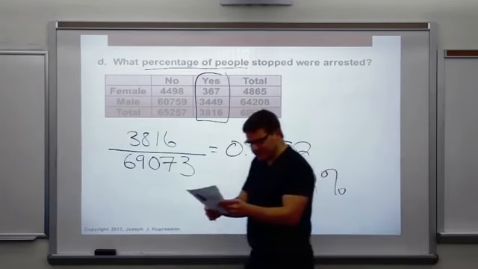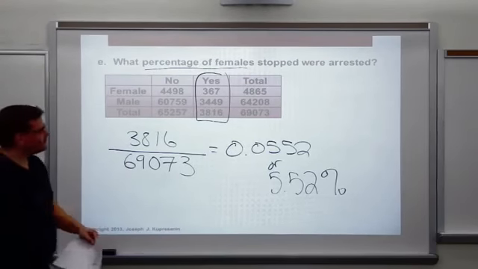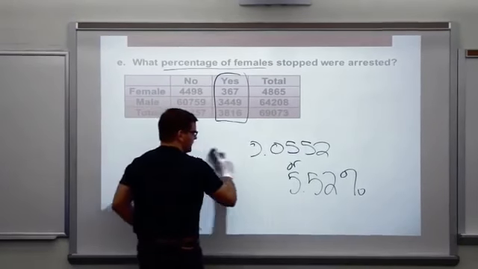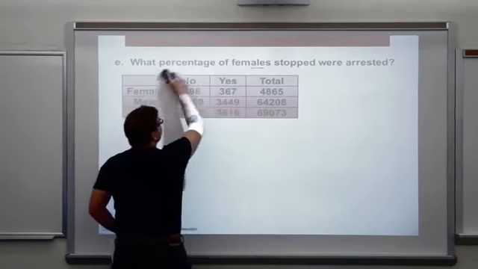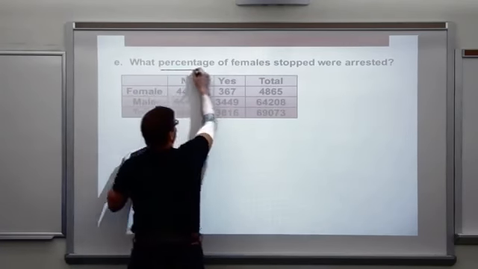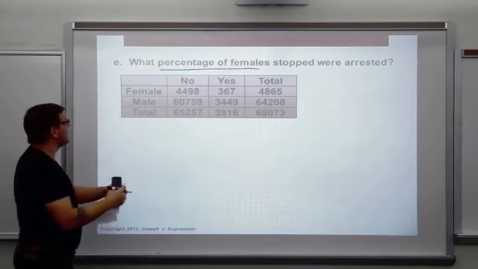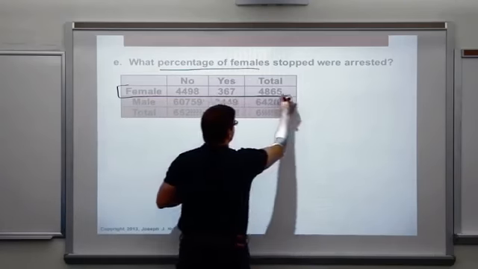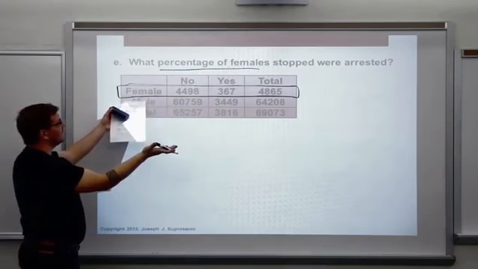Move on to E. Part E, what percentage of females stopped were arrested? Now the question says what percentage of just the females? So really, all I care about in this contingency table would be the row of the females.